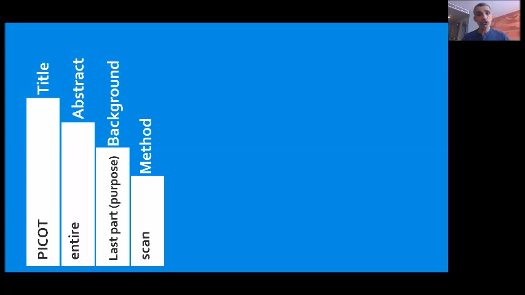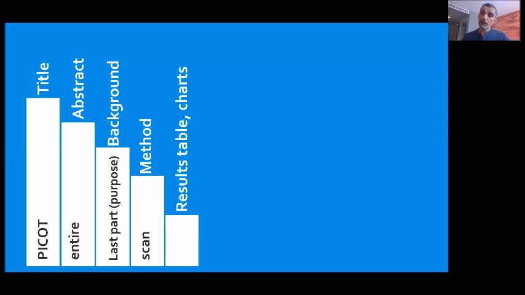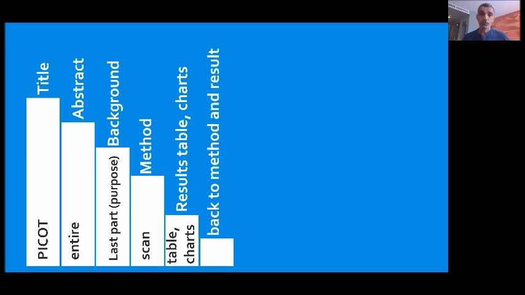The method, you don't need to read it. You need to scan it, and I will show you how to scan the method. The result, including tables and charts, you just need to look at the tables and charts and how to assess them. You don't actually need to read, although sometimes in the result there might be text that you need to know. But most of the time, the text is demographic data, not more than that. The real result of the study is in the tables and the charts.